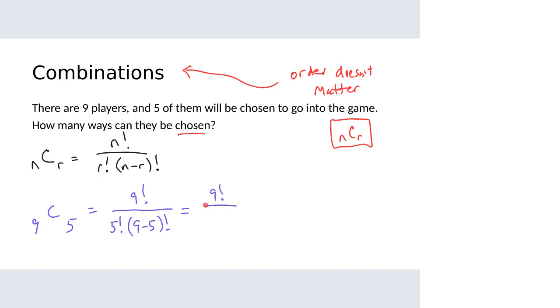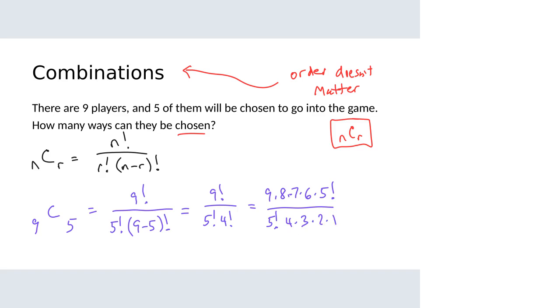Simplifying gives us 9 factorial over 5 factorial, 4 factorial. Now I'm going to rewrite that numerator as 9 times 8 times 7 times 6 times 5 factorial, because I have that 5 factorial on the bottom, and those are going to cancel. The 4 factorial on the bottom, I'm going to write out as 4 times 3 times 2 times 1.